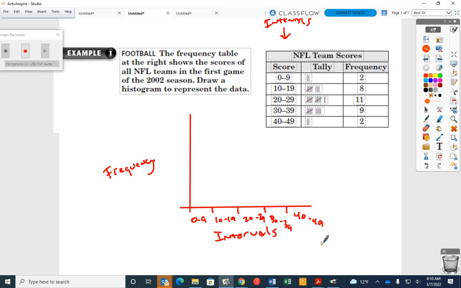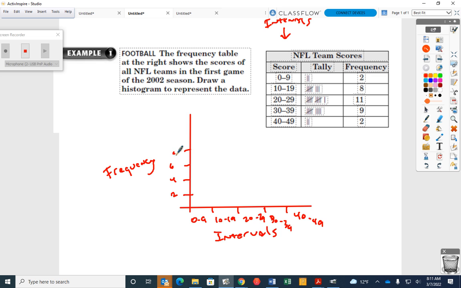Now, where I have frequencies over here, you can go up by 1 if you want to. You can go up by 2s. That's fine. If I go up by 1, I'm going to have to go up at least how many? 11, because that's my highest frequency. It's kind of up to you. I would probably go by 2s here. Go 2, 4, 6, 8, but don't write 10 when you put 8.